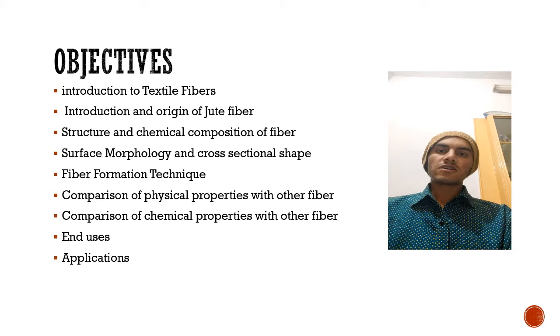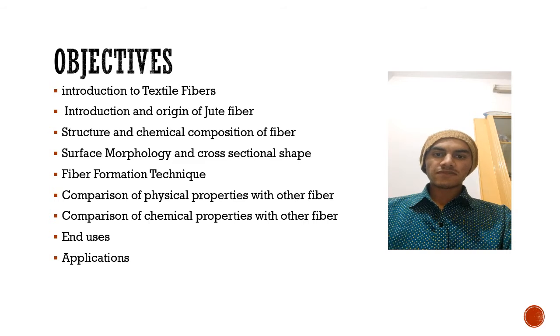So now we discuss the objectives of today's presentation. The main objectives are the introduction to textile fiber, the introduction to jute fiber and its origin, and its structure and chemical composition. Then we discuss the surface morphology of jute fiber.